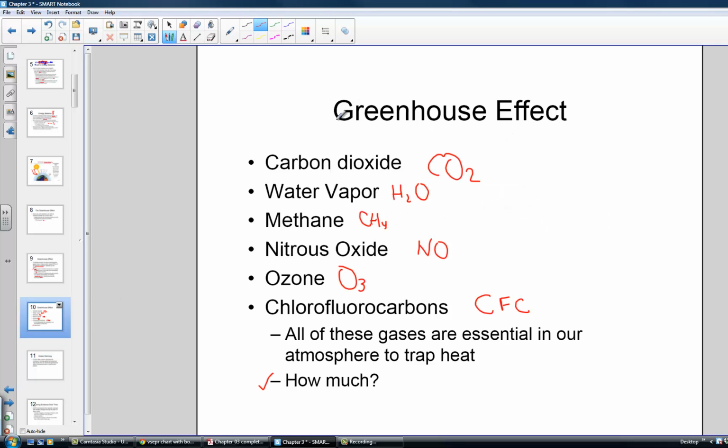So the greenhouse effect is a natural phenomenon that occurs by these gases that we find in our atmosphere that trap and keep infrared heat energy, which is a good thing because it's creating an ambient temperature to support life on Earth.